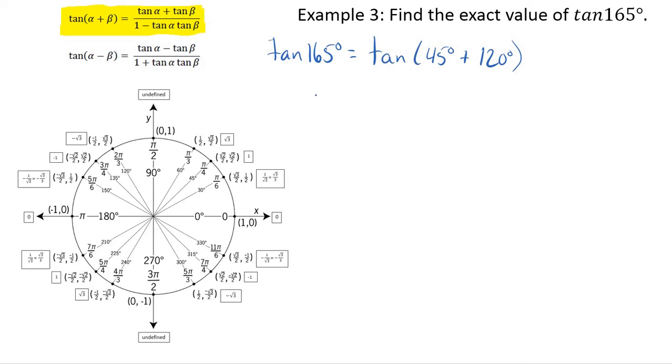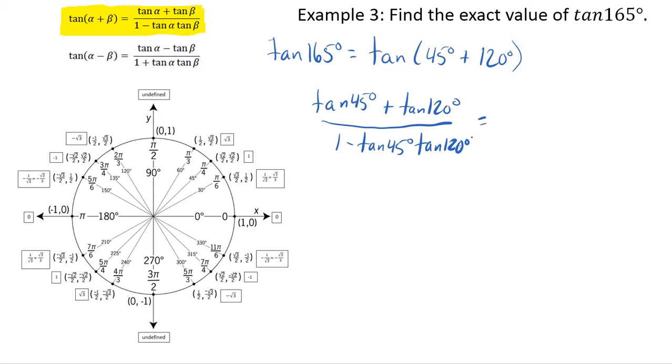If we go ahead and apply the formula, I've got tangent 45 degrees plus tangent 120 degrees all over 1 minus tangent 45 degrees times tangent 120 degrees. Again, I'm just using the formula there, just plugging things right in.